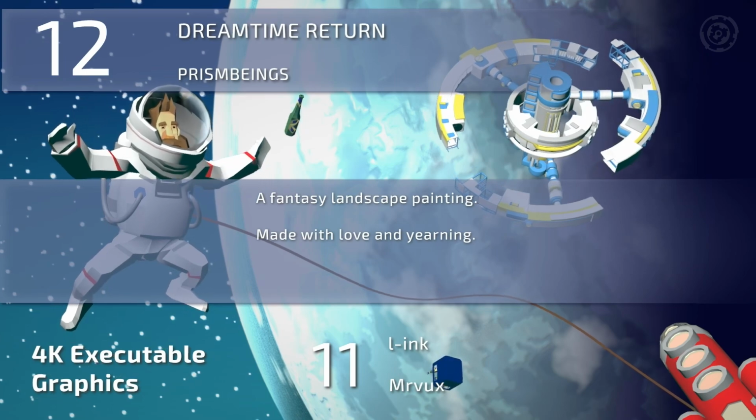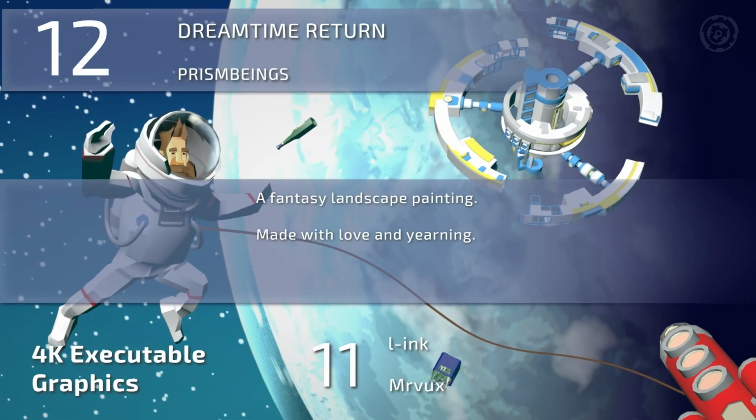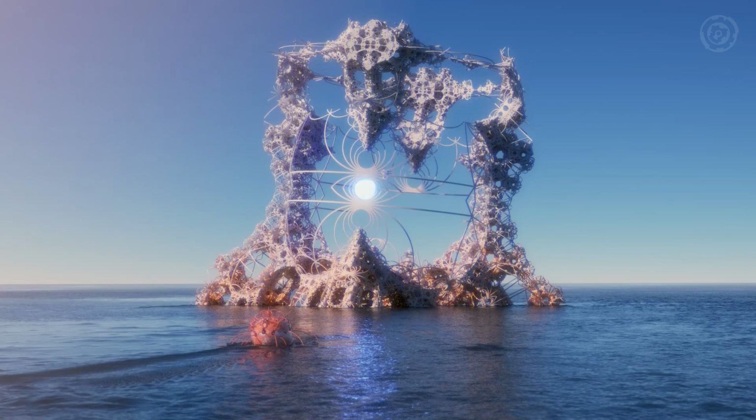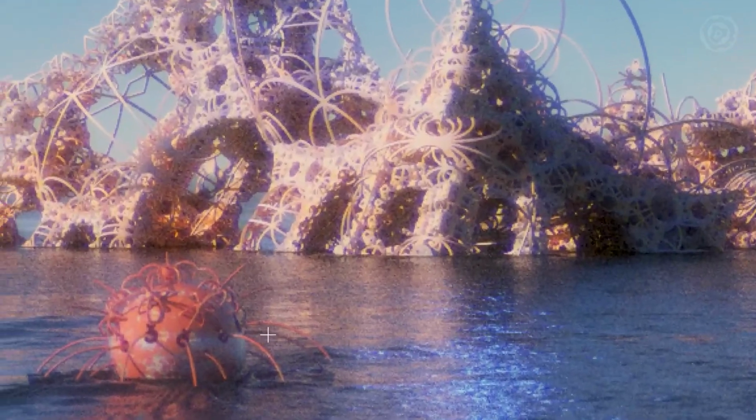Dreamtime Return by Prismbeings is number 12. I like that. Wonder if that's related to the thing that was in the photo compo with the lights.